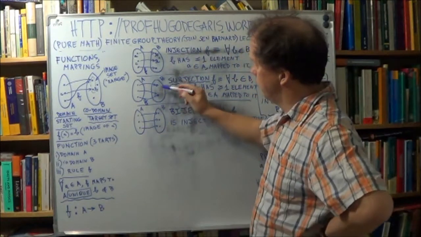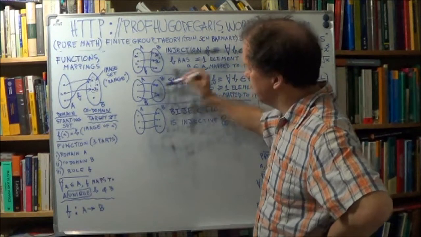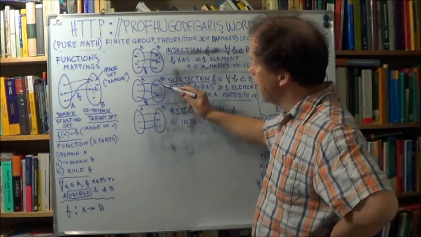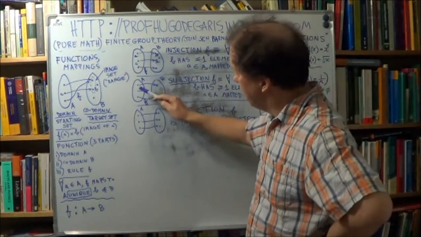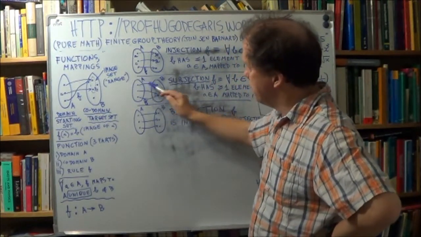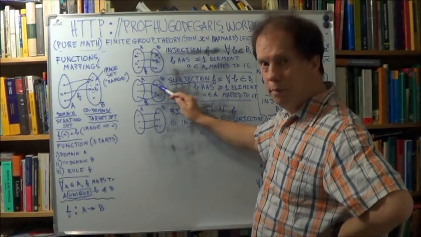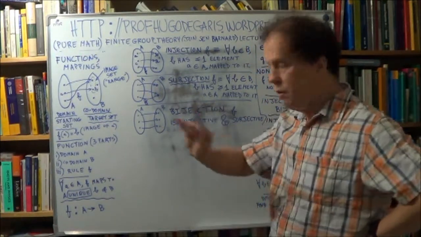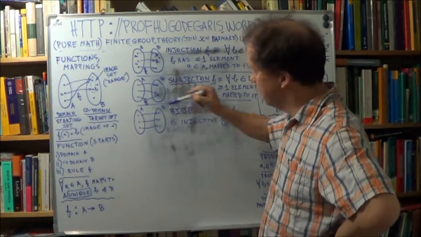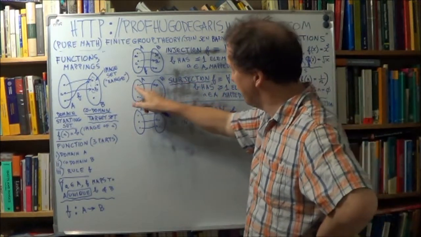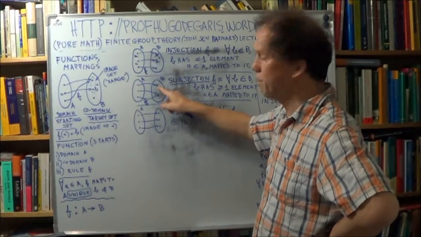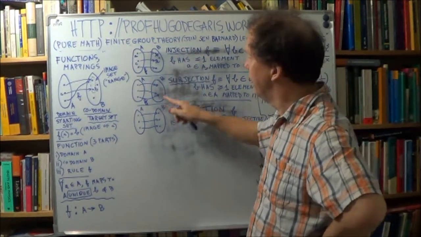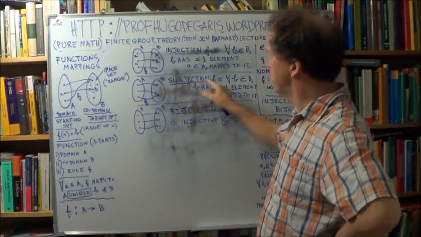So for any element belonging to B, to your target set, your codomain, if you can find a member of A that maps to that member in B, and that's true no matter what member this is. If you can find a little a, if you like, that maps to that point, or one or more, but at least one, okay? If you can do that, then it's surjective.